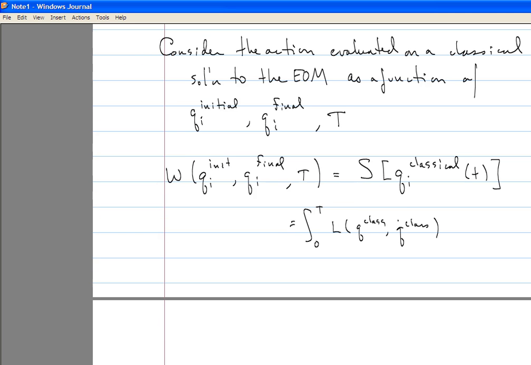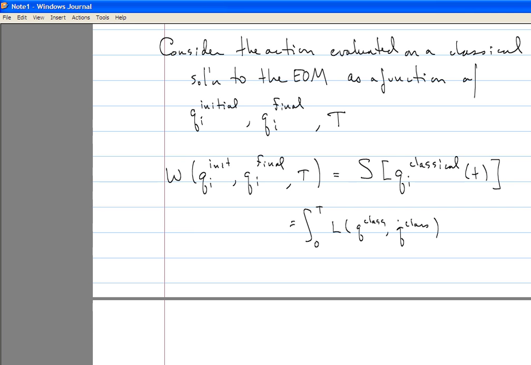So this function W, which is really just the action of the system evaluated on a classical path, depends on 2n plus 1 variables, the initial and the final variables, as well as the time T that it takes to go from the initial to the final variables.